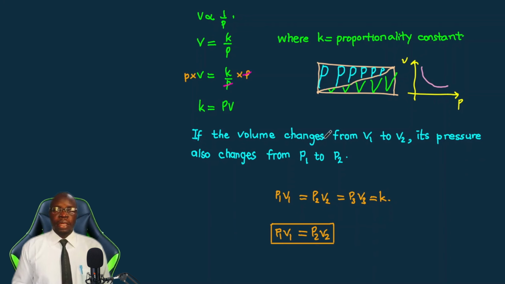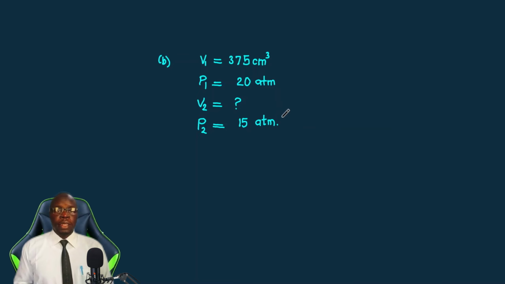Now, from here, let us collect data of our question B and we calculate it. This is the data from part B of the questions, which asks us to calculate the volume if the pressure changes from P1 of 20 atmosphere to P2 of 15 atmosphere when the initial volume is 375 cubic centimeters.